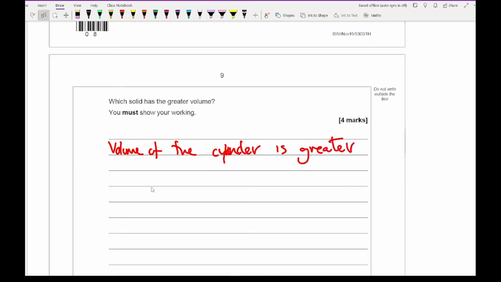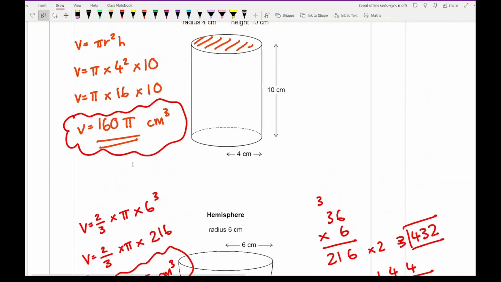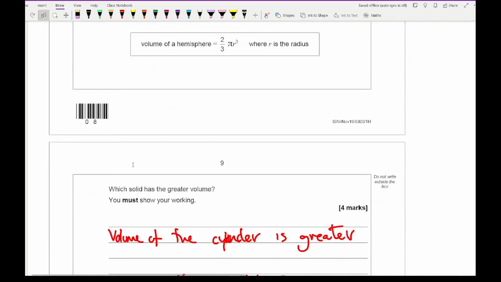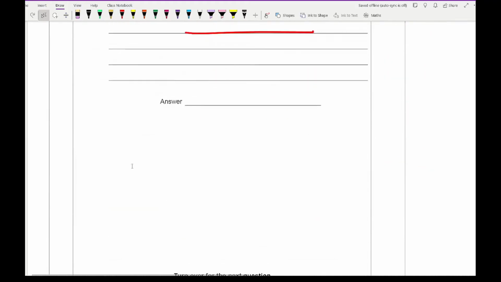And what's really good is if you can write 160 pi is greater than 144 pi, just to have your evidence there. But I would strongly recommend that you have everything I've written in terms of working out written down, because with it being worth 4 marks, you'd get 1 mark, 2 marks maybe for the hemisphere, 1 mark for working out the volume of the cylinder, and then comparing it with your final answer.